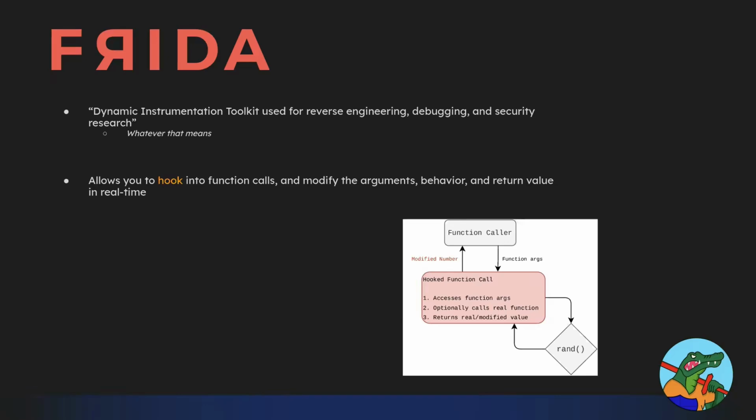What they call it is a dynamic instrumentation toolkit that's used for reverse engineering, debugging, and security research. I had no idea what that meant at first, but the most important part is that it basically allows you to hook onto Java functions.